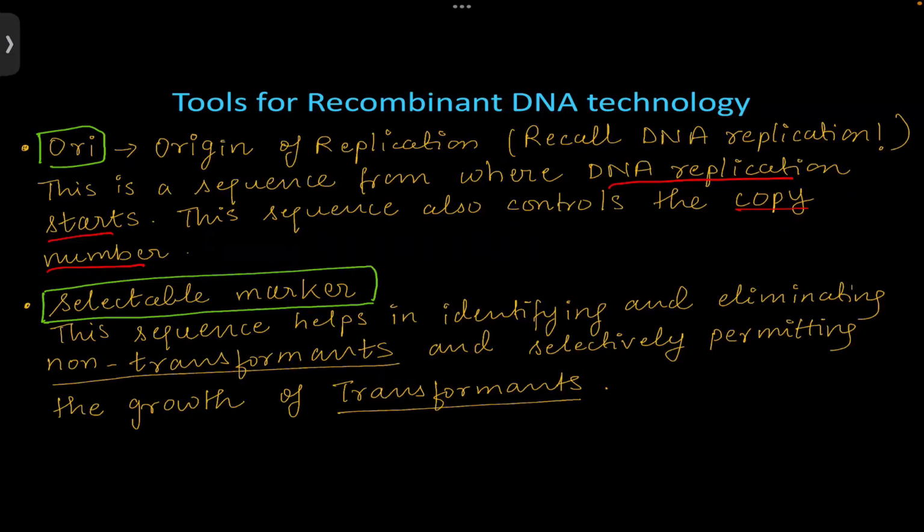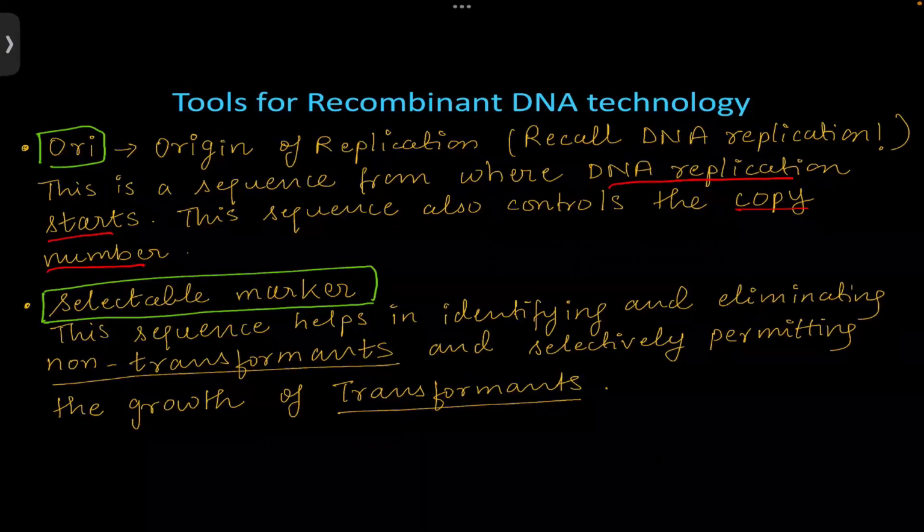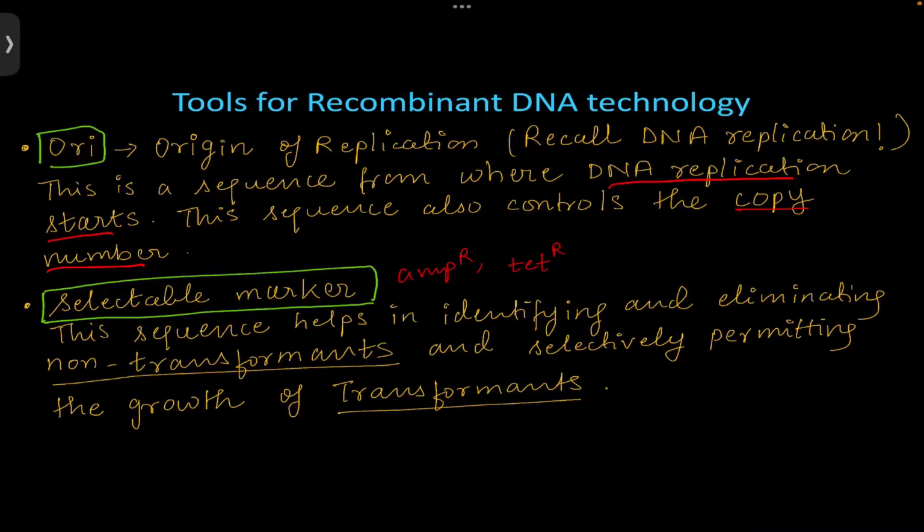Now, selectable markers, as I told, are the antibiotic resistance genes, the ampicillin R and the tetracycline R. These are called selectable markers. Why? Because these DNA sequences help in identifying and eliminating the non-transformants and selectively permit the growth of transformants.